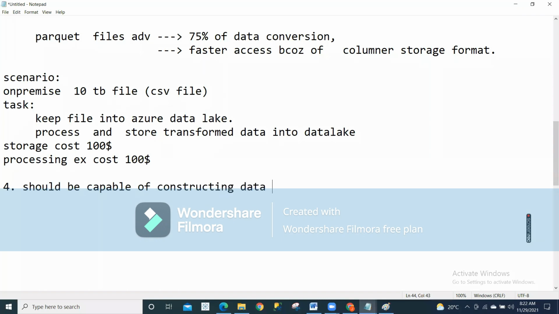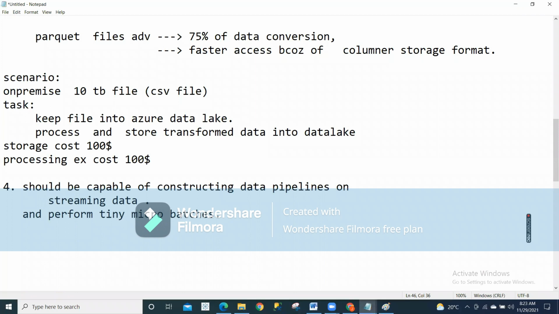constructing data pipelines on streaming data and performing tiny micro batches.